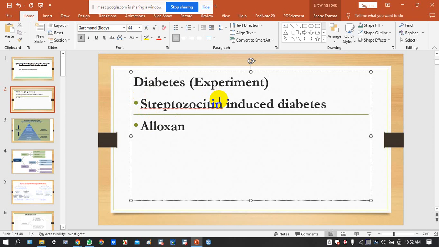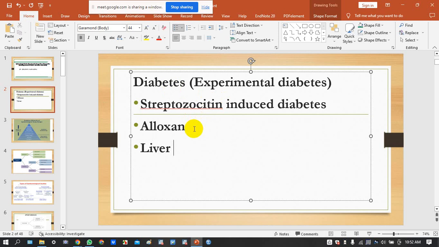The drug that you have developed is what you are going to use to treat these animals after you have induced diabetes in them.